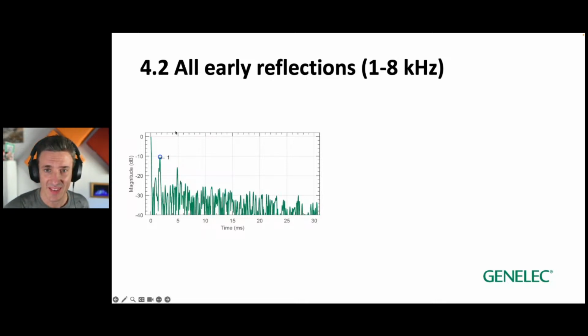So this 0 defines the direct sound, and then how loud is a reflection. And then you can see there are just some spikes here. For example, this one is just marked with 1 because this is the only spike that is in the range of minus 10 dBs, which is already acceptable. But in general, for example, this one looks okay because you can see there's a really smooth decay. So, the things are just somehow running out.